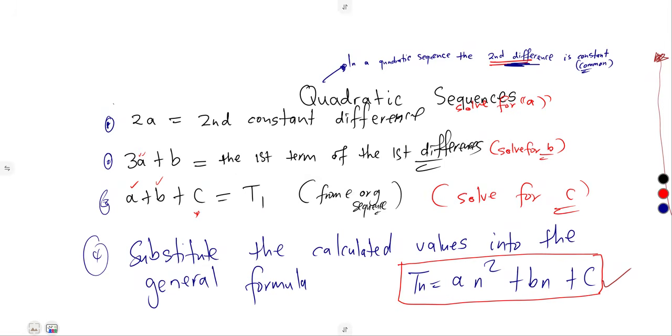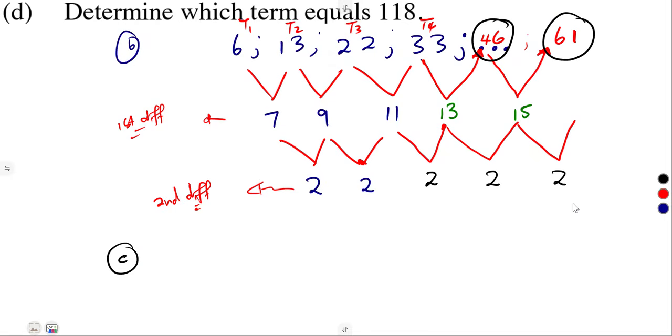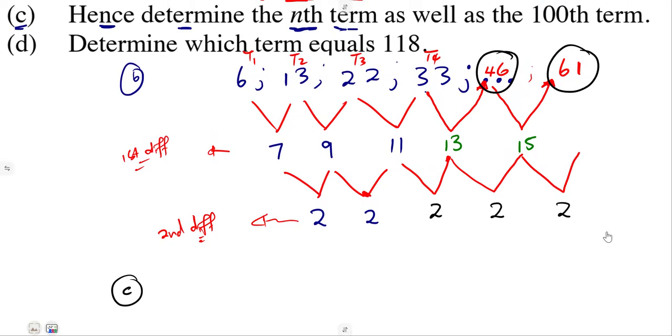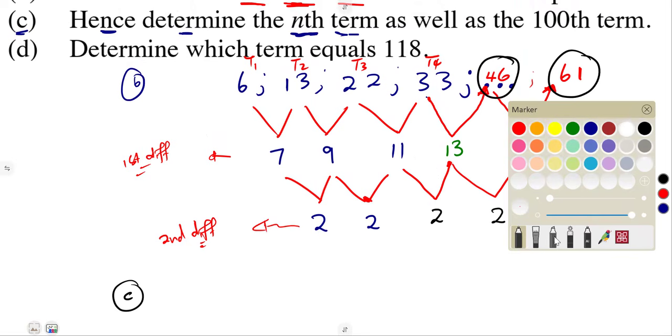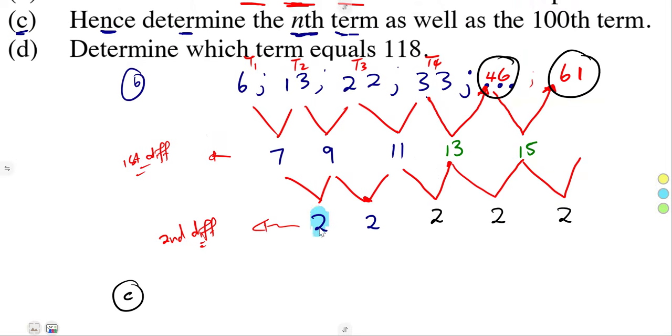So here we said, if we are given this condition, we are going to equate 2a to the second constant difference, 3a plus b to the first term of the first differences, then a plus b plus c to what? To t1, which is from the original sequence. So this follows that we simply take our terms. Remember, I told you guys you take these ones this way, going up.